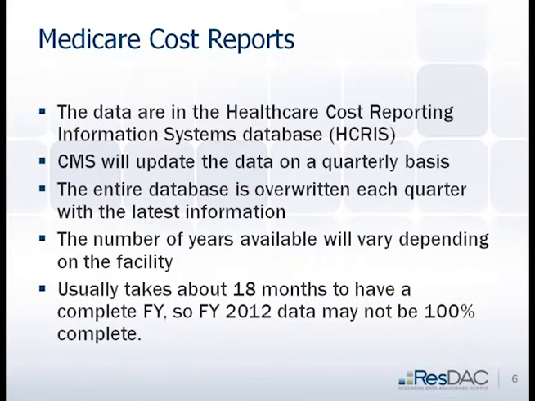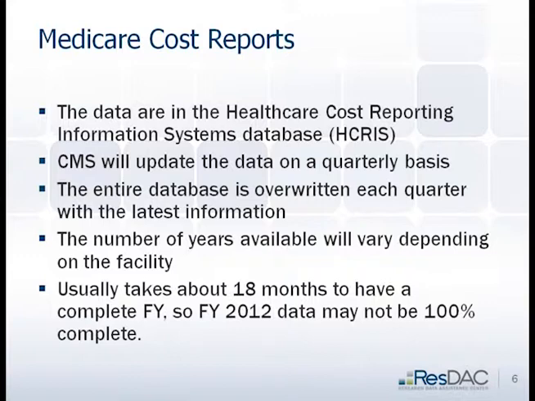Again, we did talk about what HCRIS means, but just to say it again, it's within their Healthcare Cost Reporting Information Systems database, otherwise known as HCRIS. The data are updated on a quarterly basis. What that means is that CMS overwrites the database each quarter with the latest information.